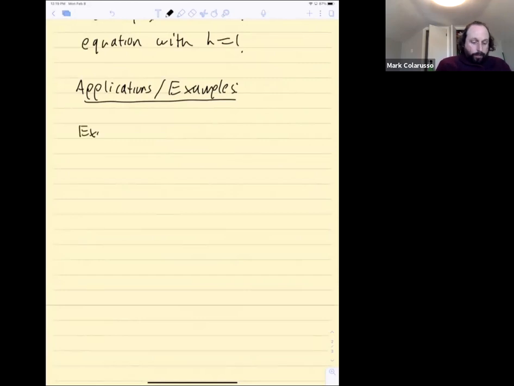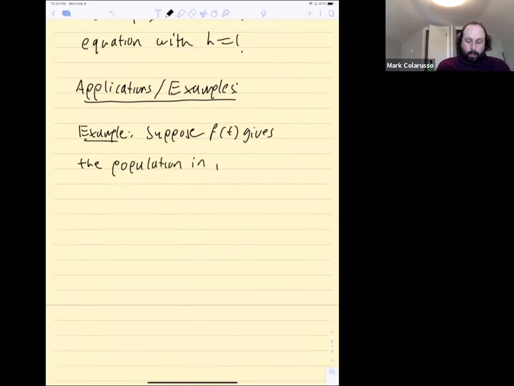Here's an example. Suppose f of t gives the population in millions after t years.